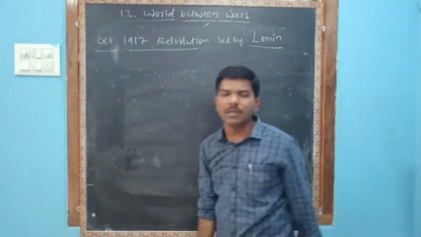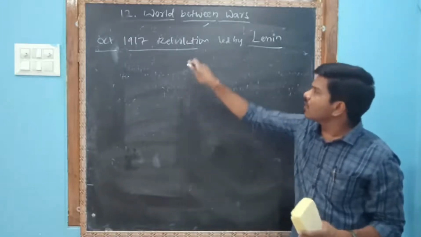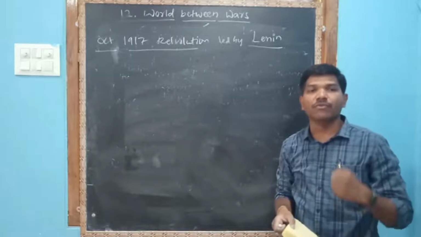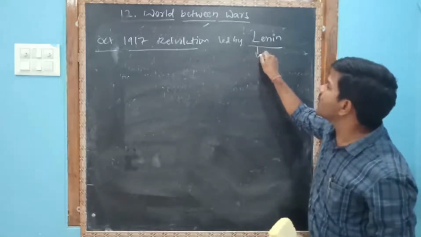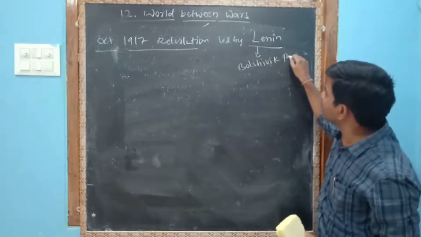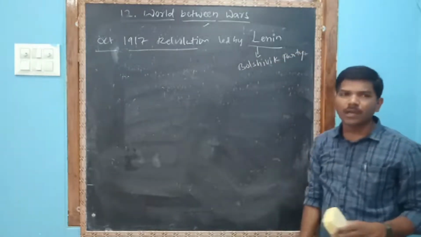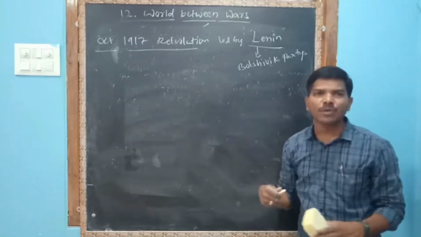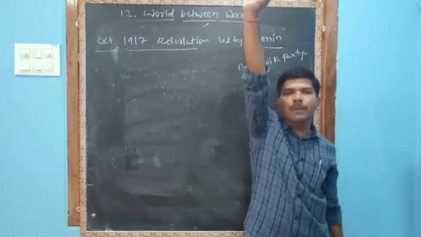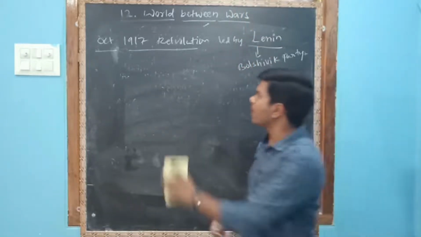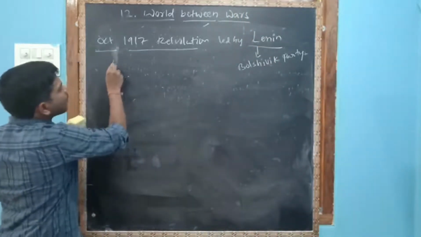October 1917 revolution led by Lenin, Vladimir Ilyich Lenin, one of the great leaders. Lenin was the leader of the Bolshevik party. When Lenin came to Russia, he was promising the people. What was he promising? First, Lenin promises.